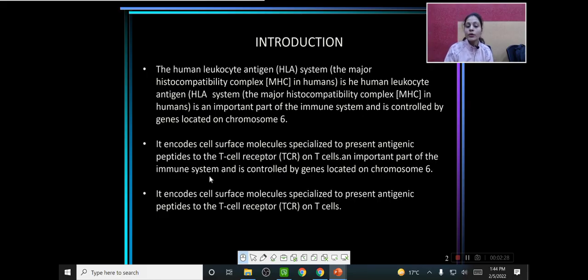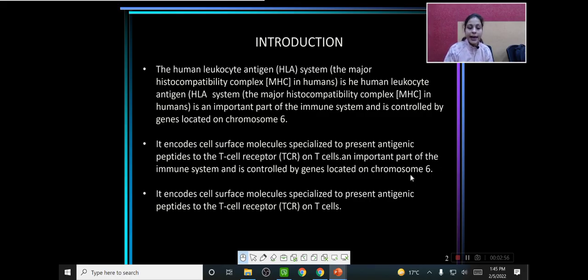It encodes cell surface molecules that are specialized to present antigenic peptides to the T cell receptor on T cells, an important part of the immune system, and is controlled by genes located on chromosome number 6.